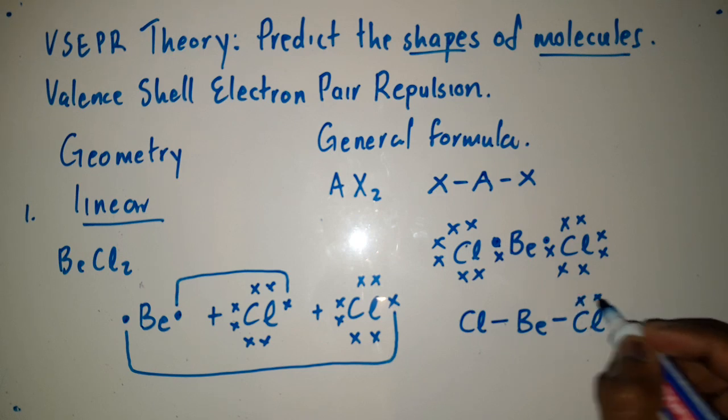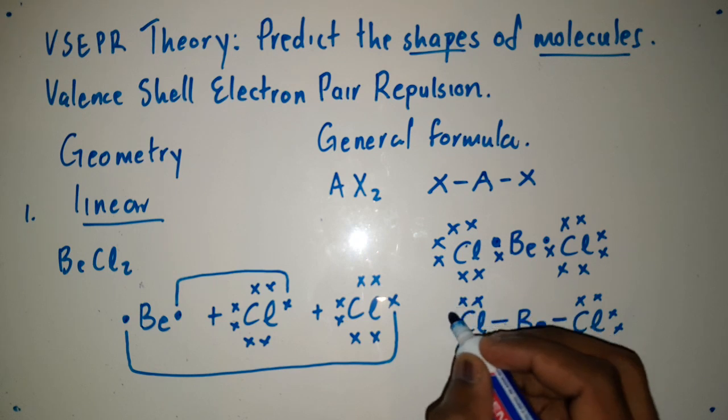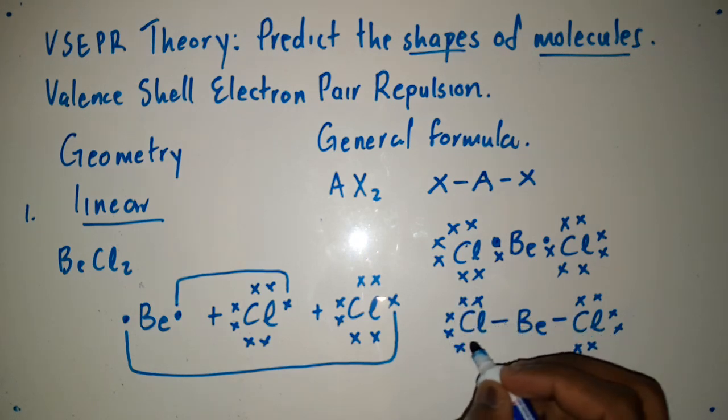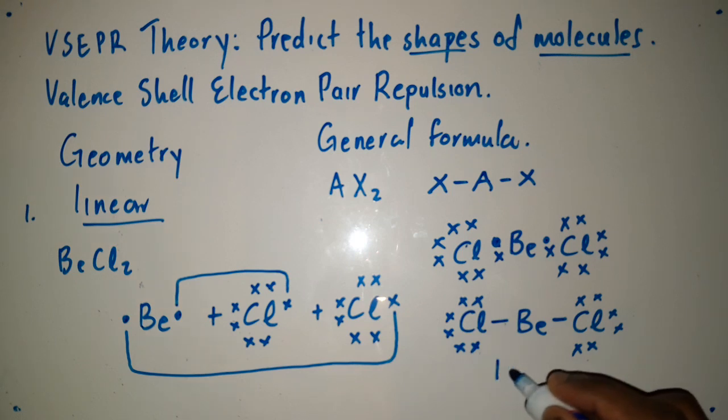So beryllium chloride forms a geometrical shape known as linear.